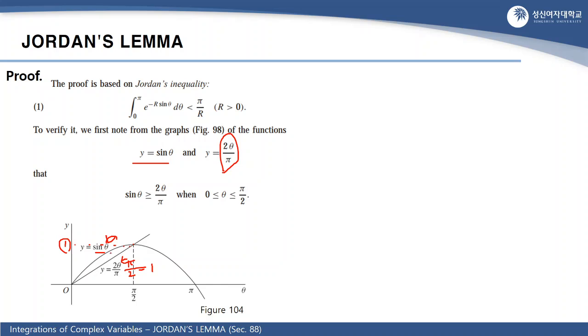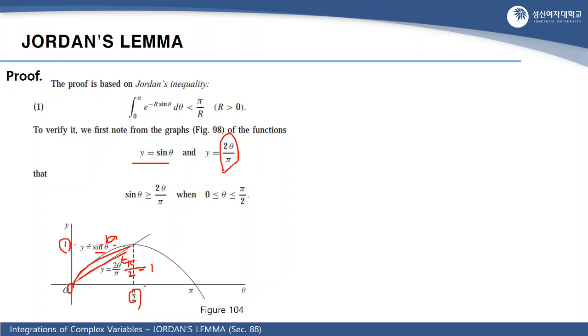Now we can see from this graph that sine theta is greater than or equal to 2 theta over pi. This graph is greater than or equal to this graph, between 0 and pi over 2.